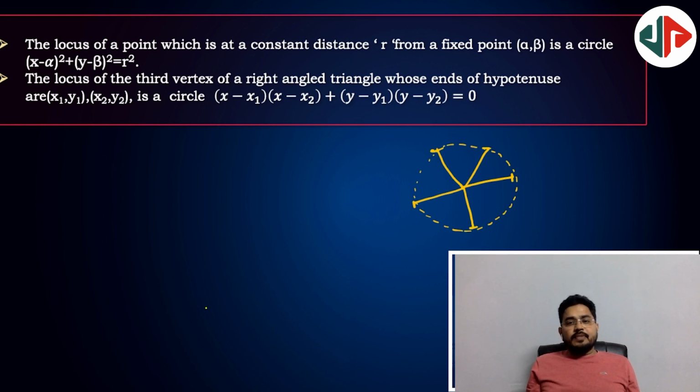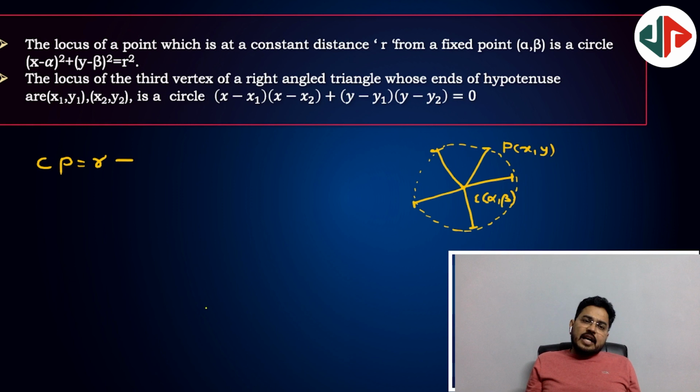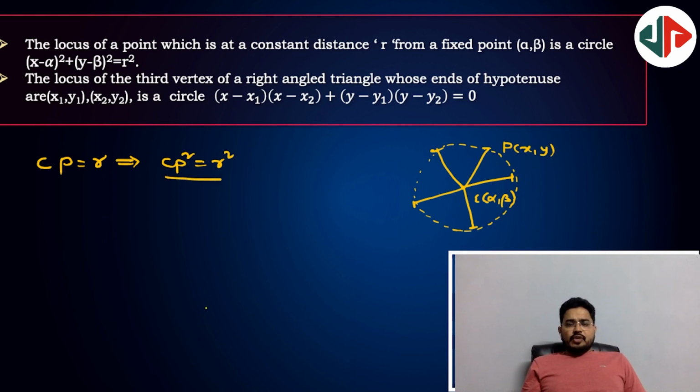R units. So if I take one of these points P(x, y) and this given point is C(alpha, beta), then CP is equal to R units, or you can express it as CP square is equal to R square. We all know the distance formula between 2 points.